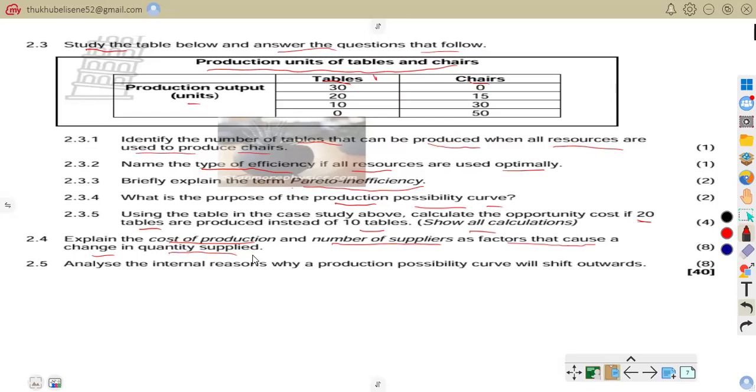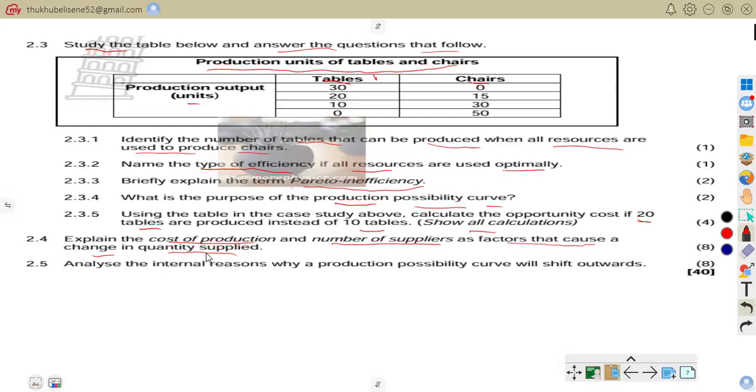So we are talking about cost of production. Lower cost increases supply and higher cost decreases supply. For example, cheap raw materials increase supply, but high wages reduce supply.